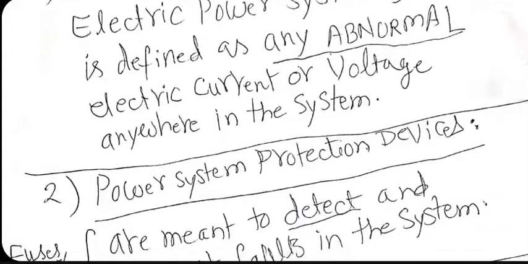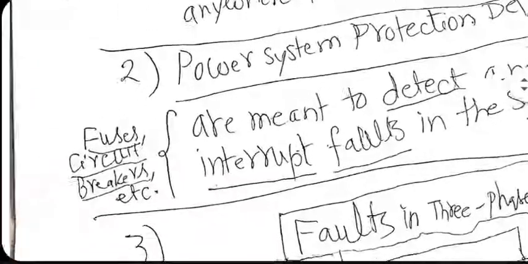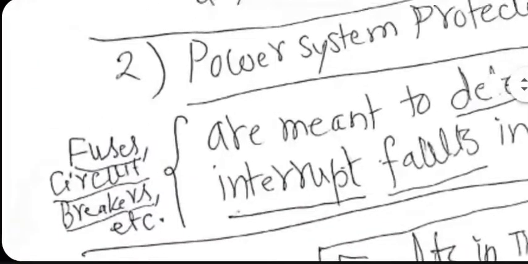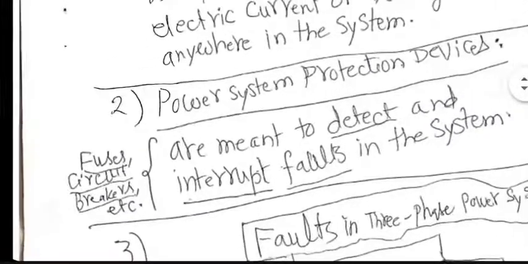Now, protection devices, what are they? They are meant to detect and interrupt faults in the system. And some of the typical protection devices are fuses, circuit breakers, and even the relays and many other things. I have not mentioned everything here. Switches also.